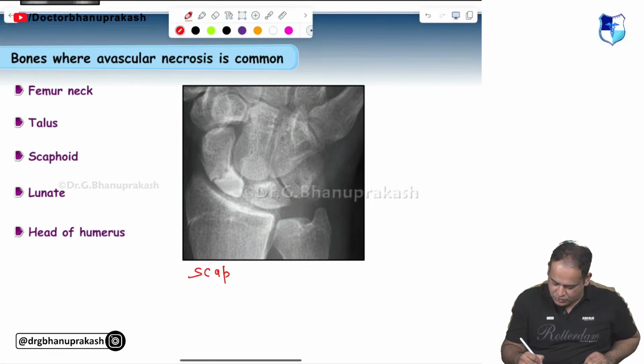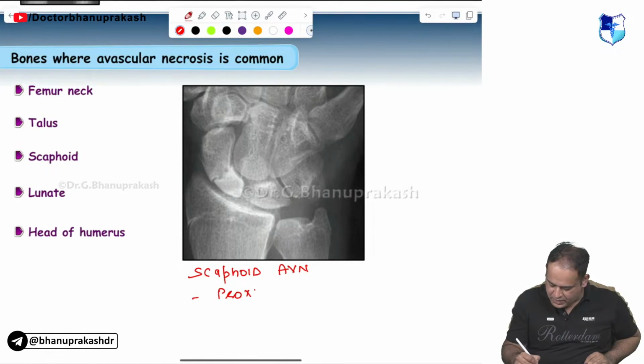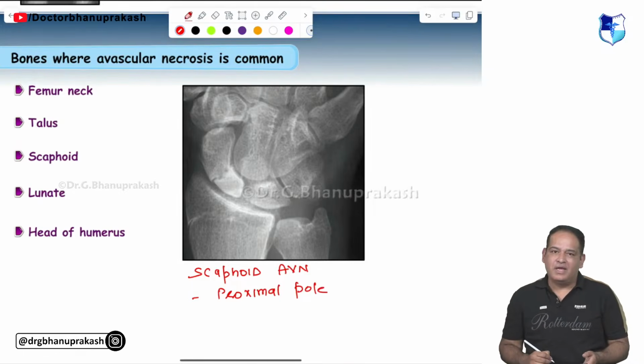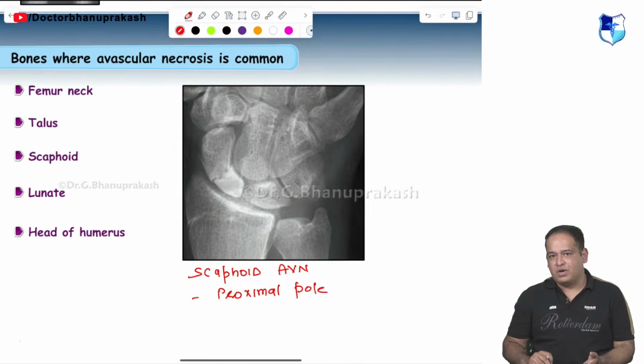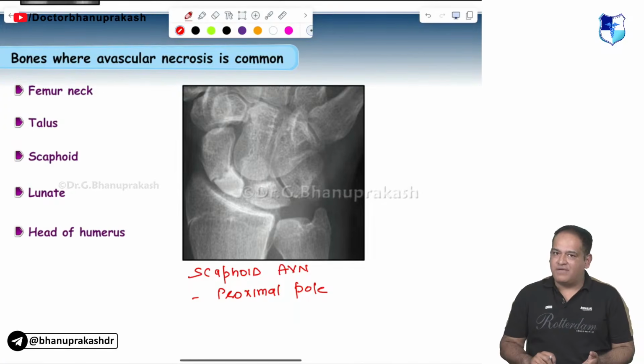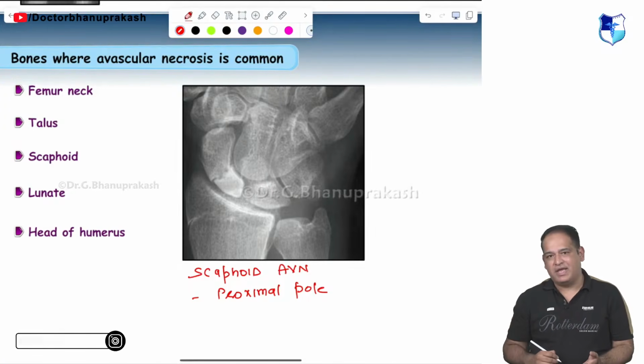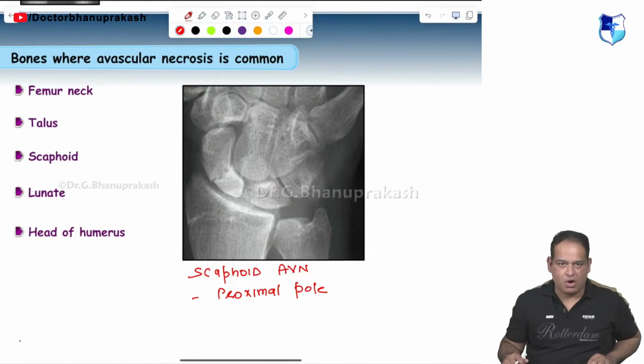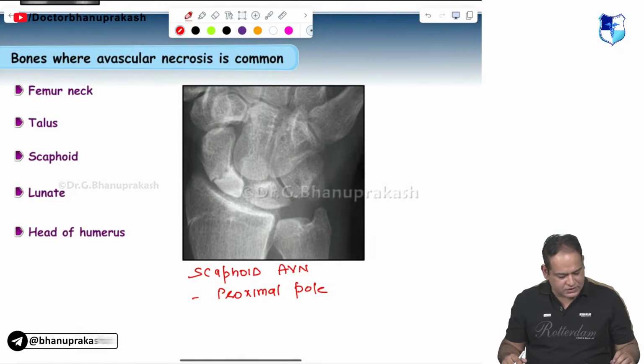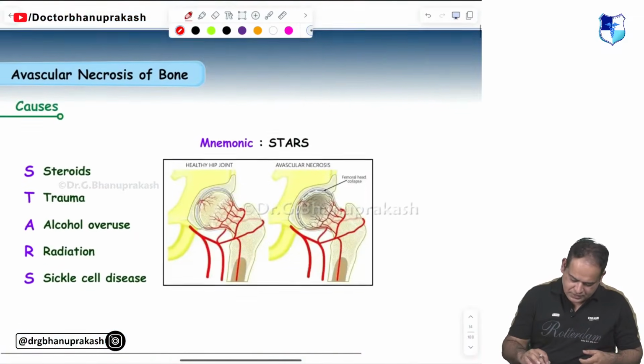This image is showing you scaphoid avascular necrosis, which is common in the proximal pole. So these are the bones where avascular necrosis is common, right? Again, this is just a one-liner. We'll move to the next thing.